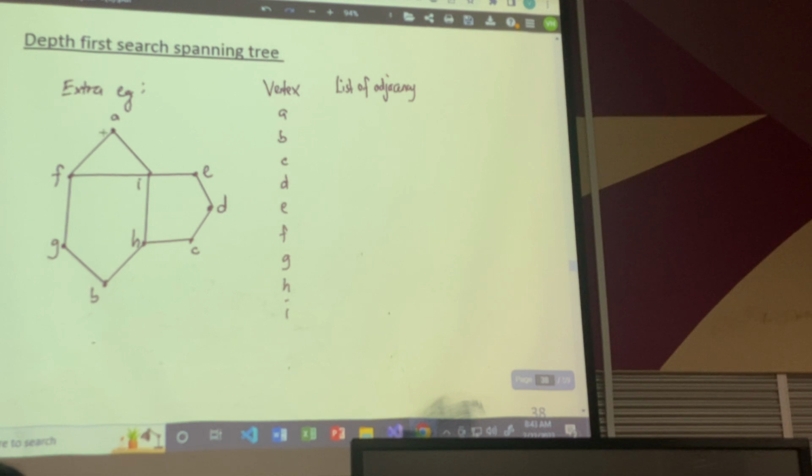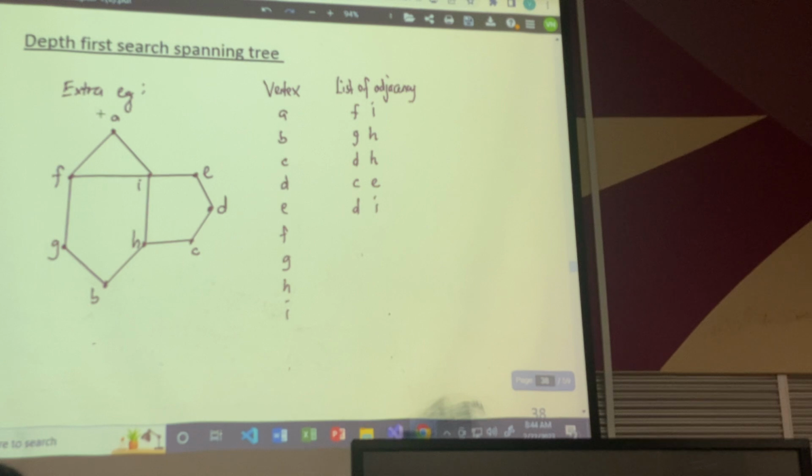So see, A here is connected to F, I. B, G, H. C, D, H. D, C, E. E, D, I. F, you have A, you have G, and you have I, right?